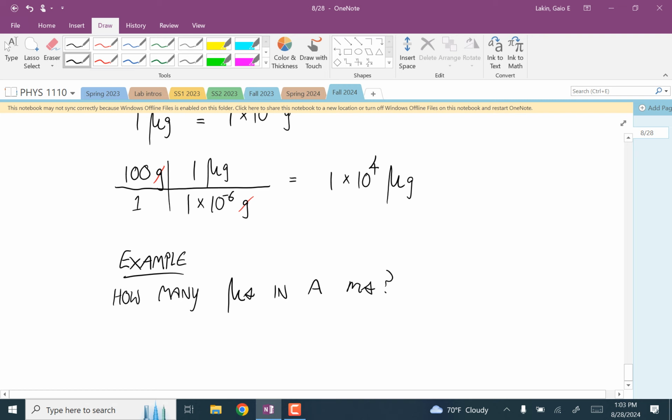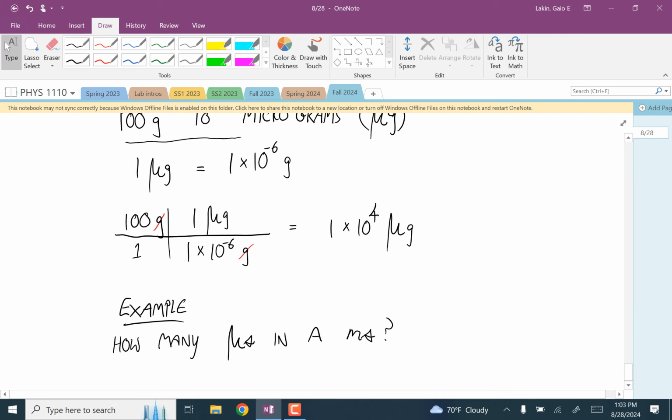Yes? That math at the top there seems a bit off. The one right above? That'd be 100 divided by 1 times 10 to the negative 6, which would give a bigger number than just 1 times 10 to the 4. Oh, I did go the wrong direction. You're right. Thank you. I guess I made that mistake in my notes.